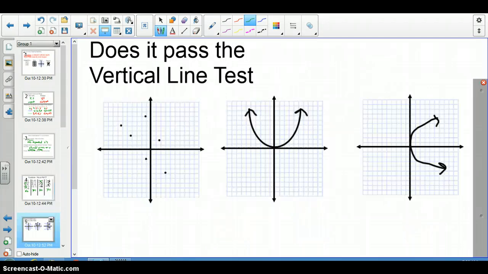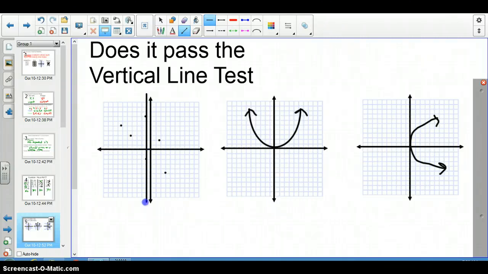Does this pass the vertical line test? So let's draw a vertical line. Okay, vertical line at each point. If you look at this point, it only crosses the one all the way to the left. It only crosses the second one once, but here, if you look, it crosses 2 times. Crosses here and here.